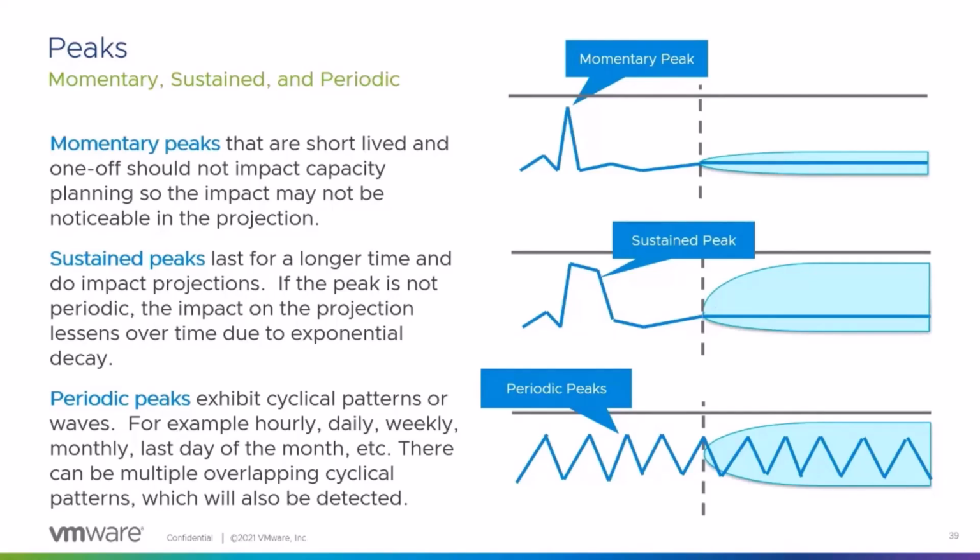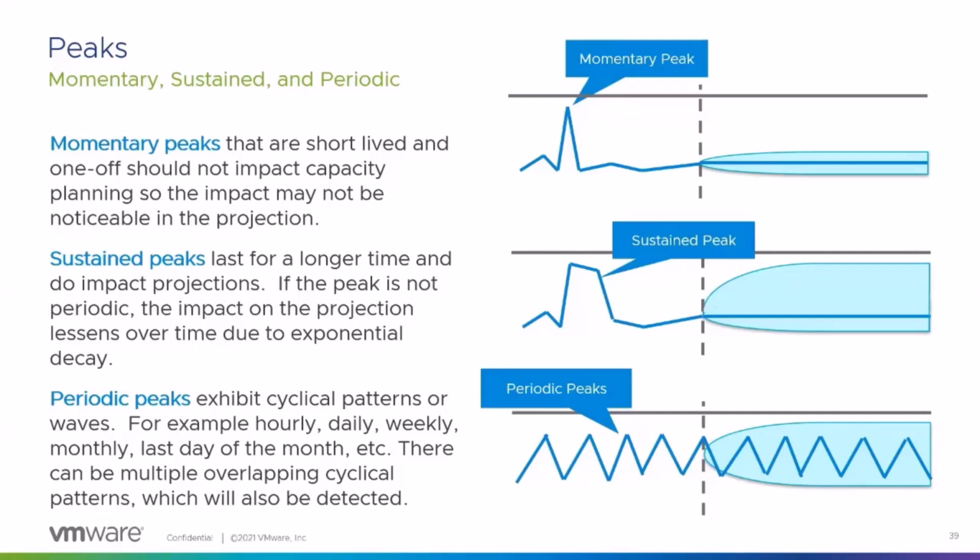It looks like a one-off: whatever happened, it happened that once and never happened again. Those kinds of peaks, which we call momentary peaks, in general should be ignored because when you look at the historical utilization, it doesn't look important.